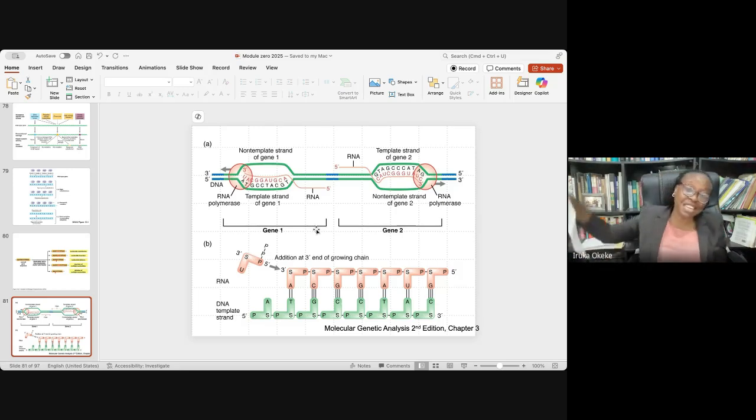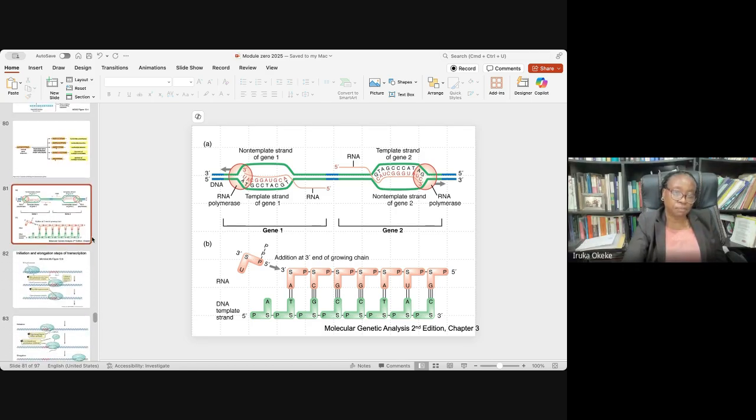But if I bring in a copy that has an error, then everybody in the church has a wrong copy. So for this reason, errors in transcription have less of a problem on the organism. Okay?